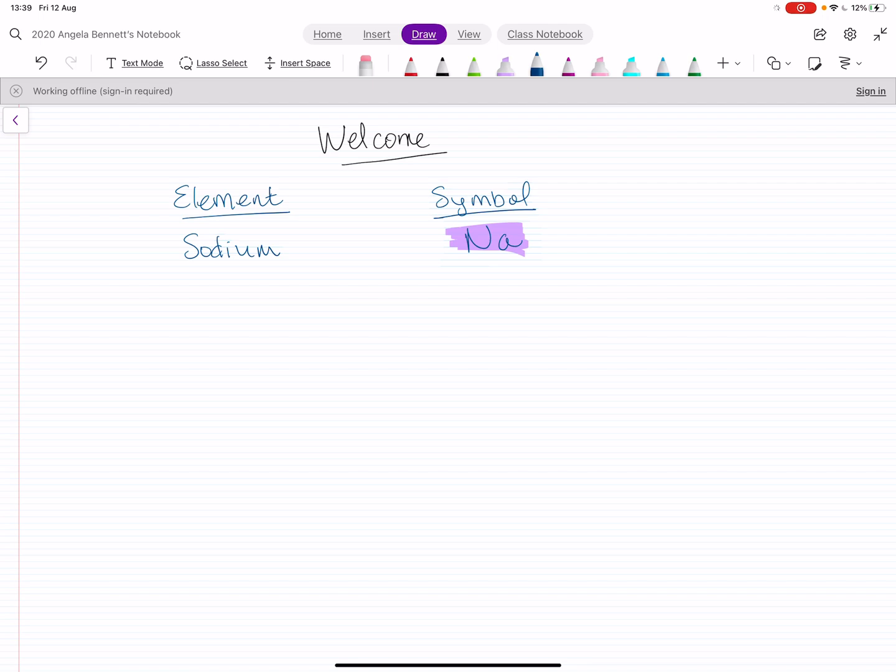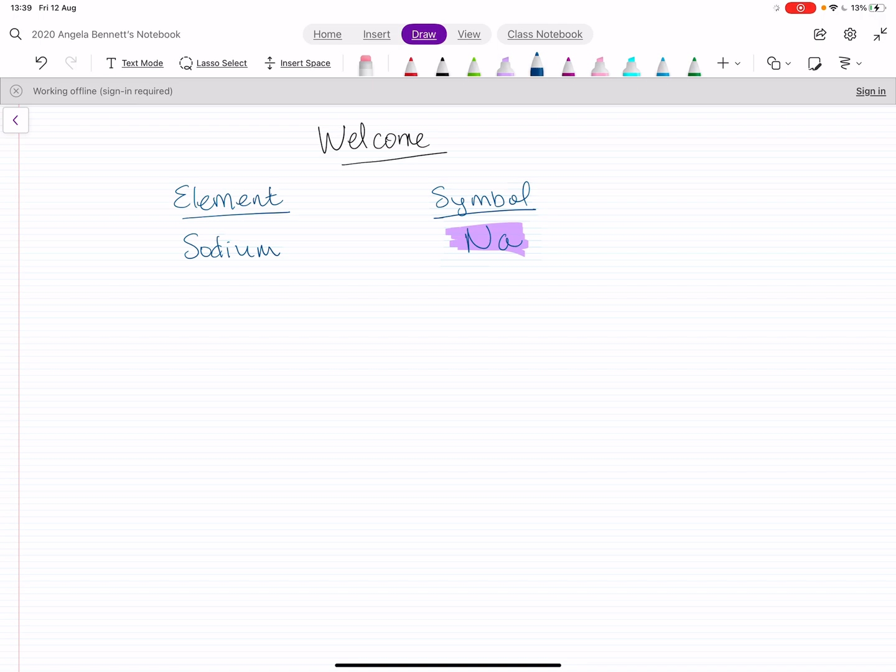And one of the things that is really important for you to understand is that in this particular aspect of chemistry, you do not have the opportunity to change the type of letter. And by type of letter, I'm referring to it being a capital letter or a lowercase letter.